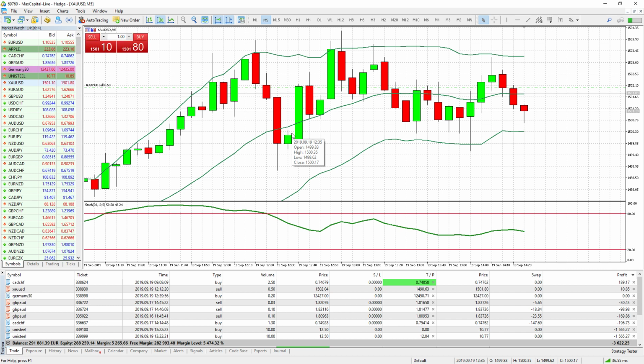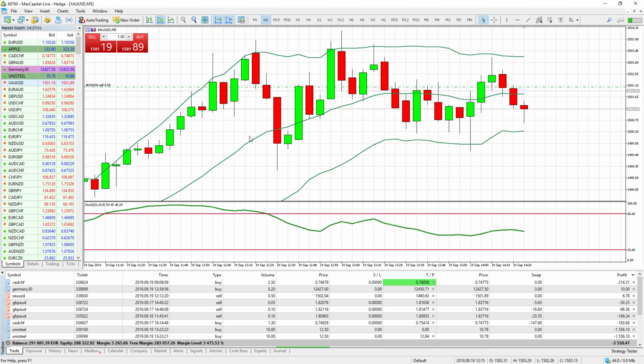In my opinion, it's especially good to use buy and sell limit when you are trading stocks, because there you can, for example, predict the gap, which can be either up or down.